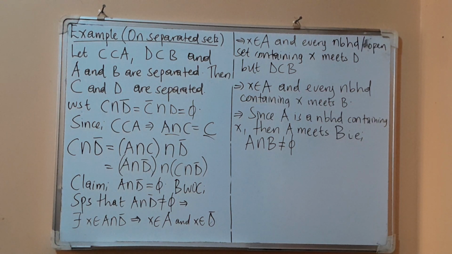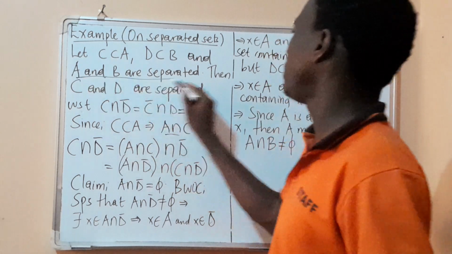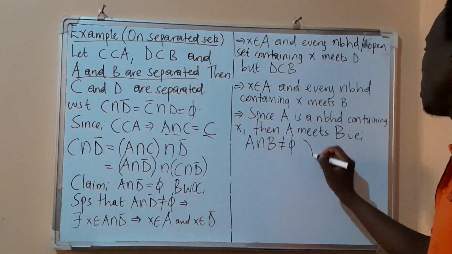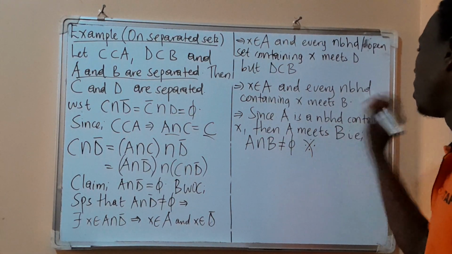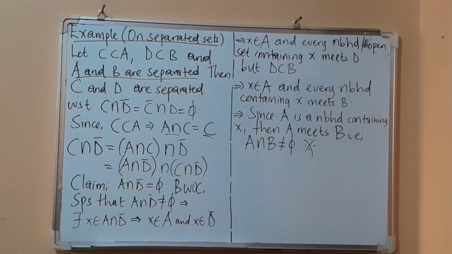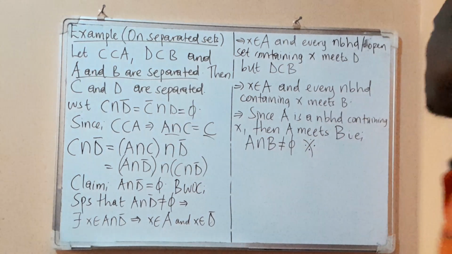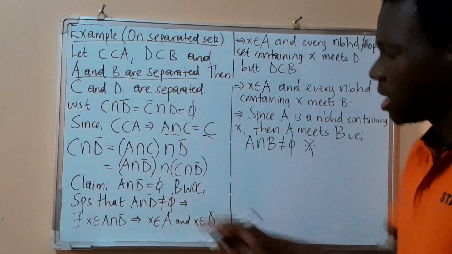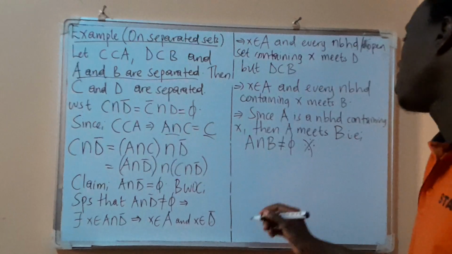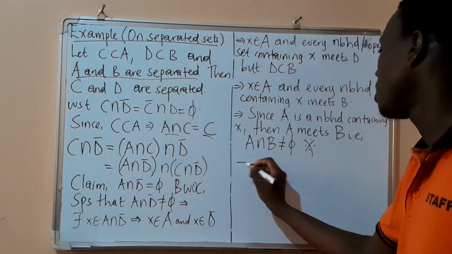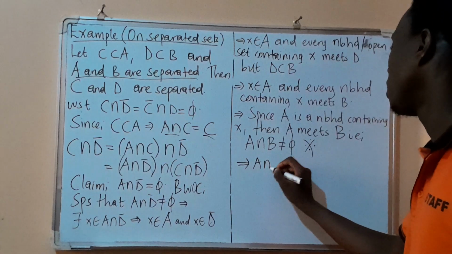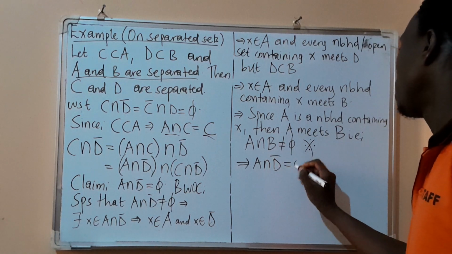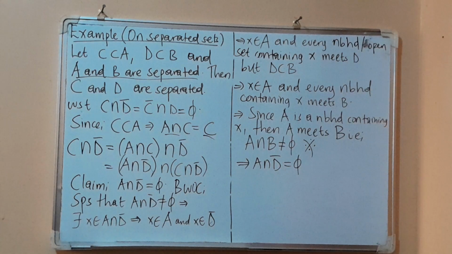This is a contradiction because A and B are separated. So this is a contradiction to our original assumption that A and B are separated. So our assumption that A intersection D closure is non-empty is actually wrong. So this implies that A intersection D closure is an empty set.